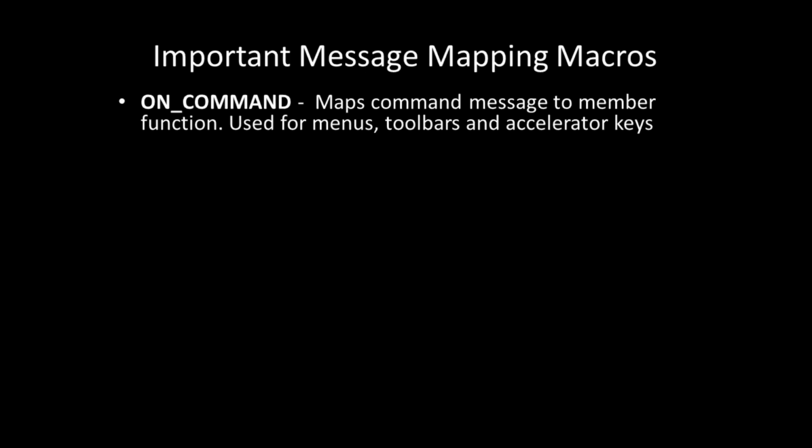So if you press Alt+F, N, then that menu will be activated. That is called an accelerator key. Basically, it is a key which you can press to open that menu and to even click a particular menu item. So in case of menus, toolbars and accelerator keys, we use the message ON_COMMAND.